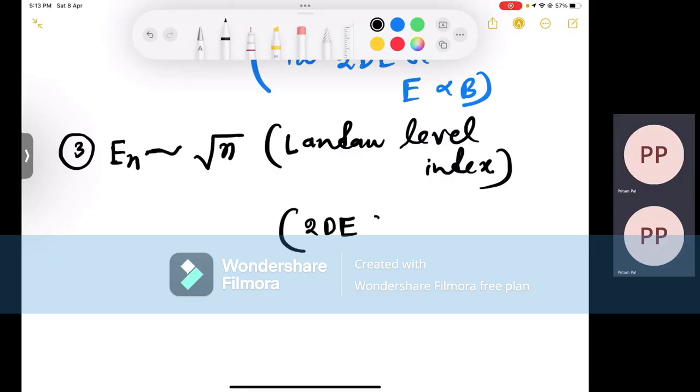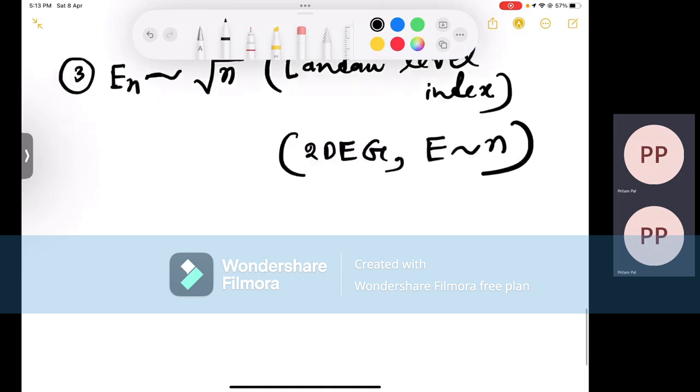But for the 2DEG, what is happening? E is proportional to n, right? That's how it differs.